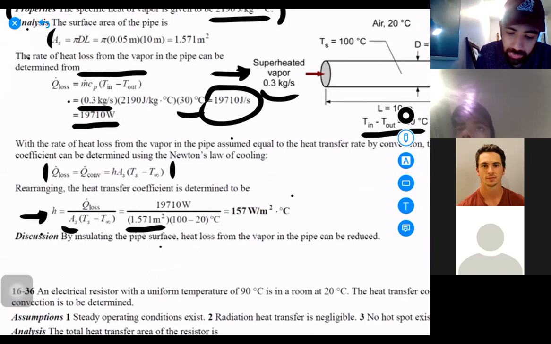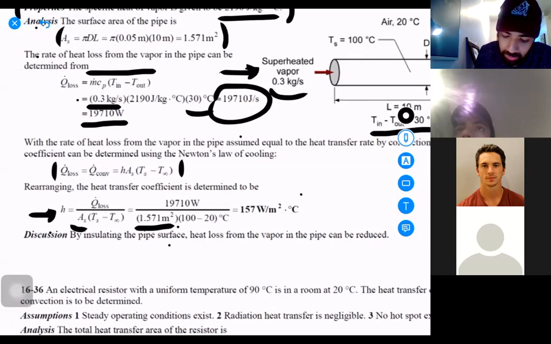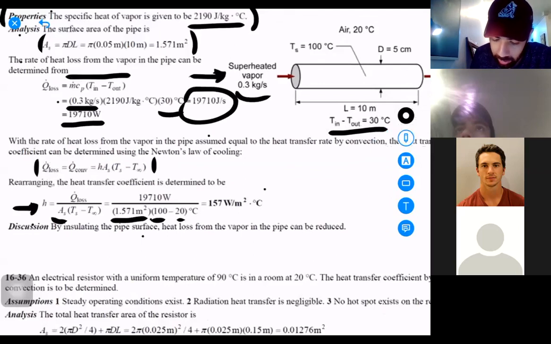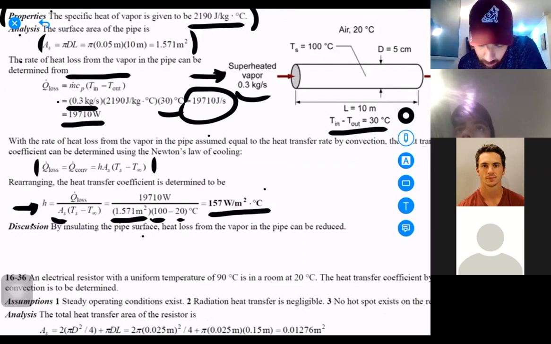Again, that is the periphery of the pipe area, and the delta T, that is the temperature difference, which is the surface temperature of the pipe, 100 degrees Celsius, minus 20, the surrounding air temperature. That will give me an amount of 157 watts per meter squared times degrees Celsius.